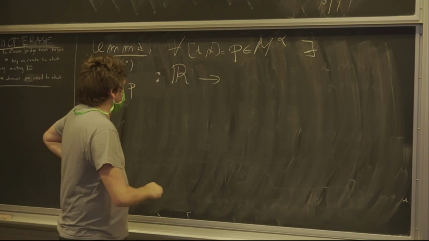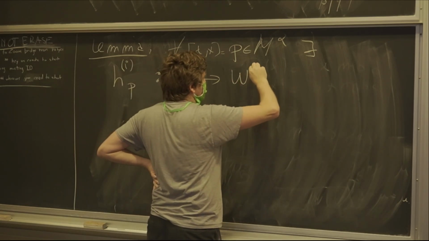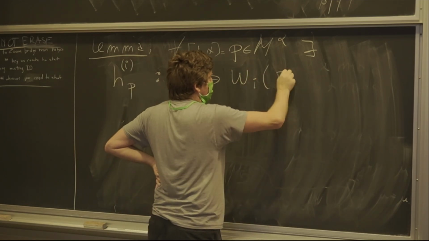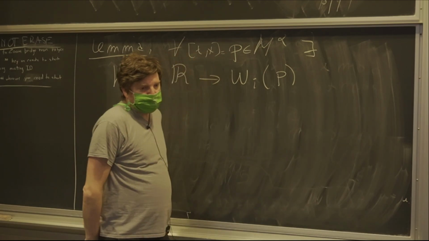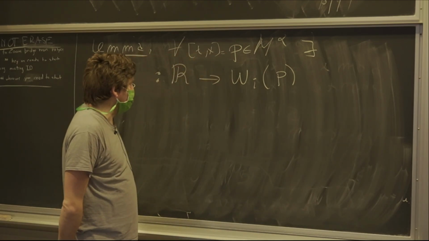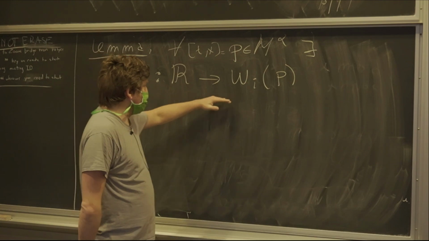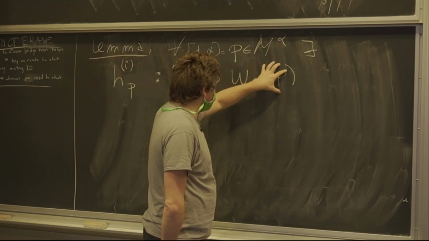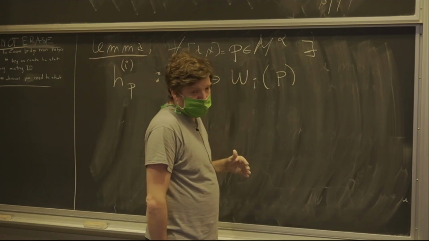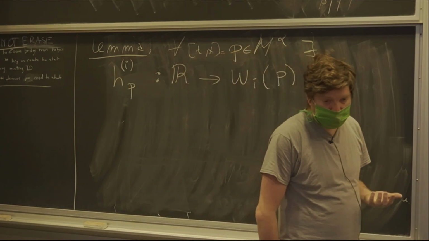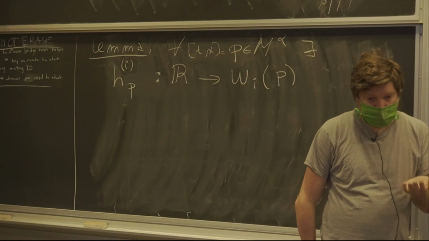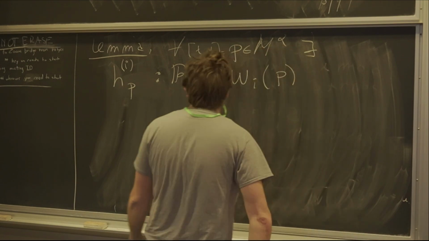I have this Hi from R into Wi of P, which is my identification of this Wi with R using the distance I was talking about. Okay, and what I would care about is the following properties.